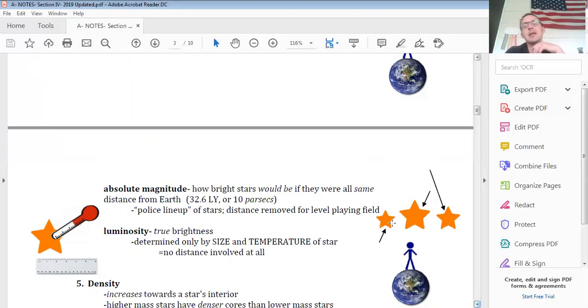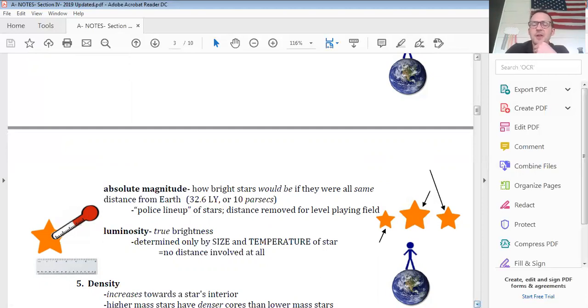Once we moved it back, it was quite dim. Meanwhile, some of the stars that appeared dimmer only looked that way because they were far from the Earth. If we move them to a standard distance, they're a lot brighter. Finally, everybody, the last brightness term is luminosity. Here, you don't factor in distance at all. It's just the size of the star along with its temperature.